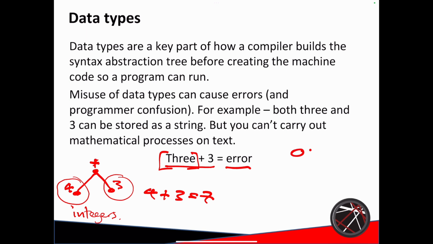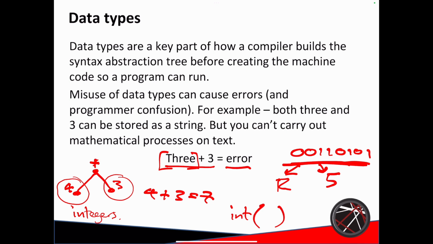So if you think that we're using binary numbers, so I'm just going to write a random one out here, that binary number there could be representing a character, or it could be representing a number. You could do both, but the computer needs to know which it is. And therefore, we're going to create a conflict within the system if that isn't clear, if we start to contradict. And this is why we need to convert. So in other words, you've possibly done this in Python, you needed to convert it to an integer. In other words, we're making sure that the computer knows that this binary number now is dealing with a number, not with a character of some form.